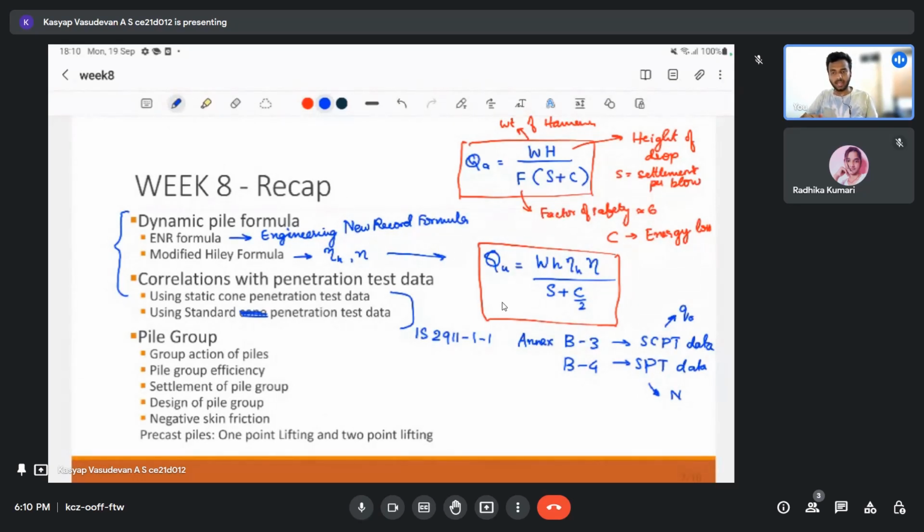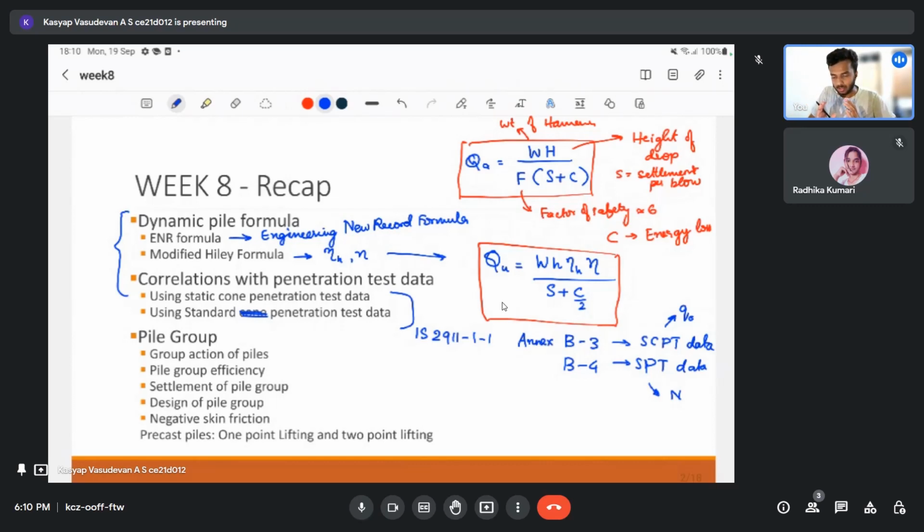Piles are generally provided in groups, rather than as a single pile. When we give piles in a group, we need to understand the group action of piles. When the piles are closely packed together, we need to understand the mechanism behind it.